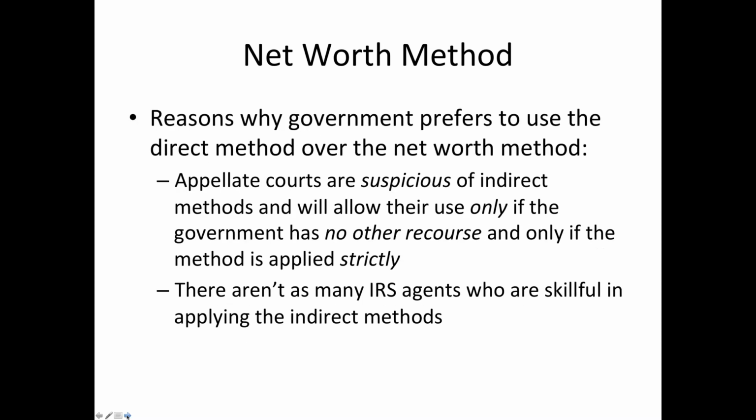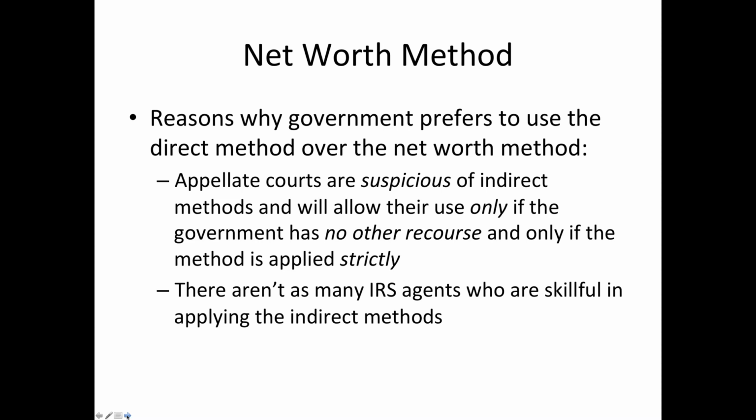And so here we have some reasons why the government prefers to use the direct method over the net worth method. And we've discussed some of these already. Appellate courts are suspect of the indirect methods and will allow their use only if the government has no other recourse and only if the method is applied rigidly. There aren't as many IRS agents who are skillful enough in applying the indirect methods.